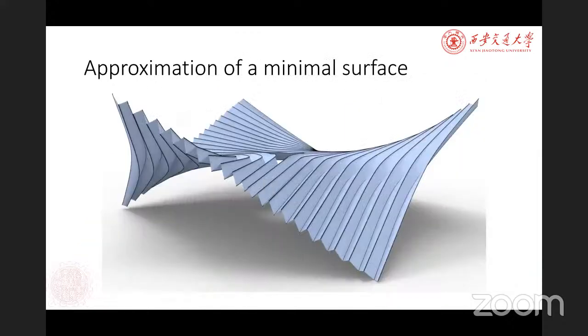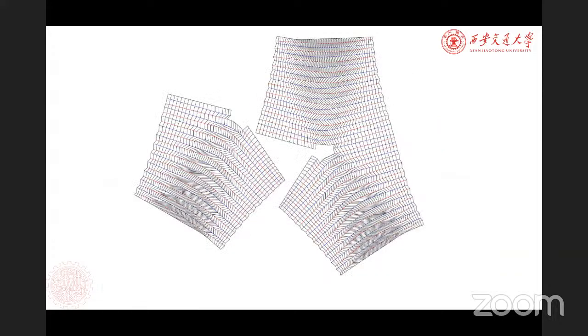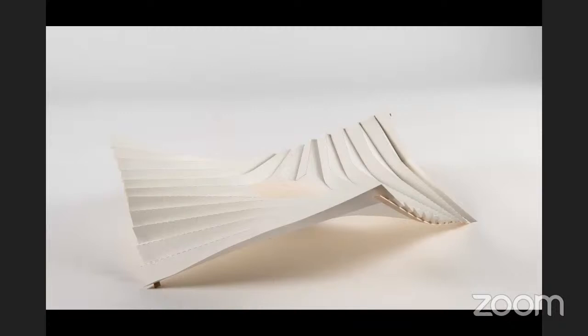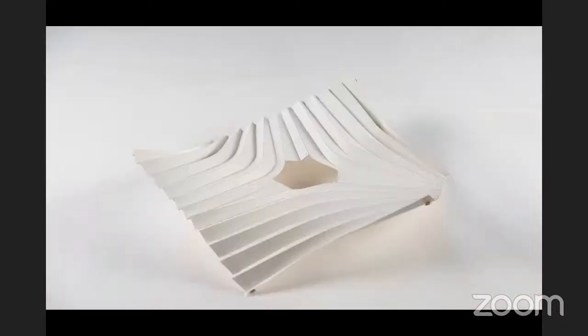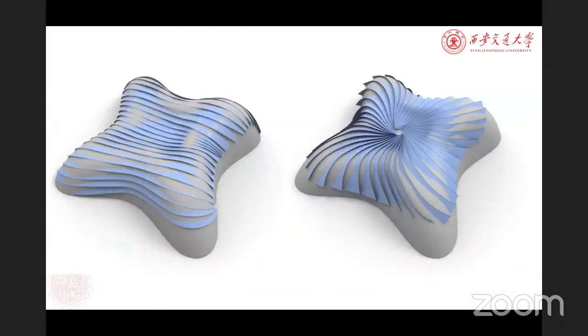Okay, we also use the curve pleated structure to approximate this minimal surface, and this is the 2D unfolding and a physical model. Here we approximate a given reference surface with different prescriptions of the guiding curve, and then we have different designs of curve pleated structure.